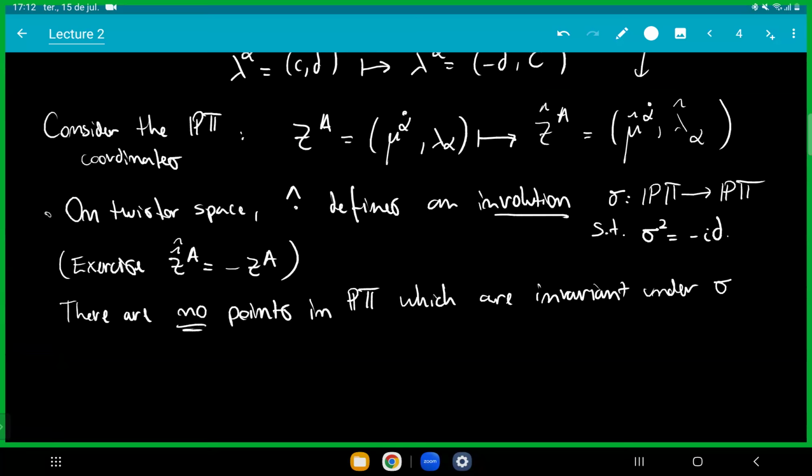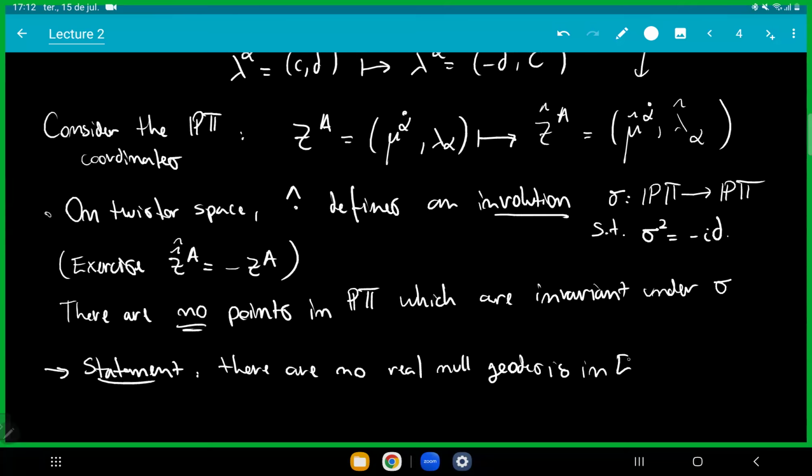Well, in the Lorentzian case, we had points that were invariant under this conjugation, and we saw that these things are related to real null geodesics in Minkowski spacetime. Here it turns out that it's just a statement: there are no real null geodesics in Euclidean space.